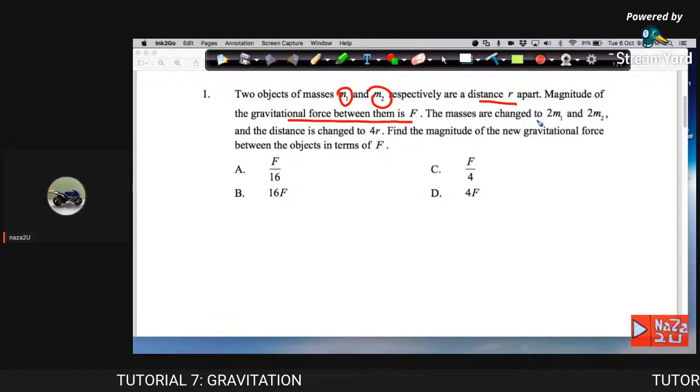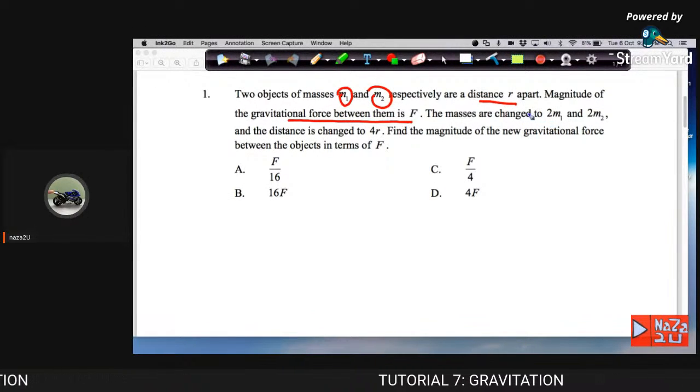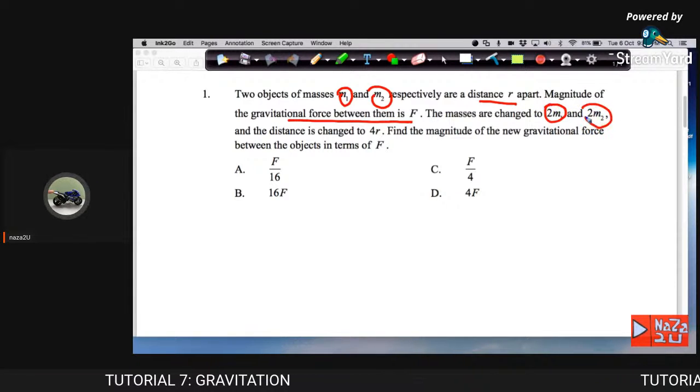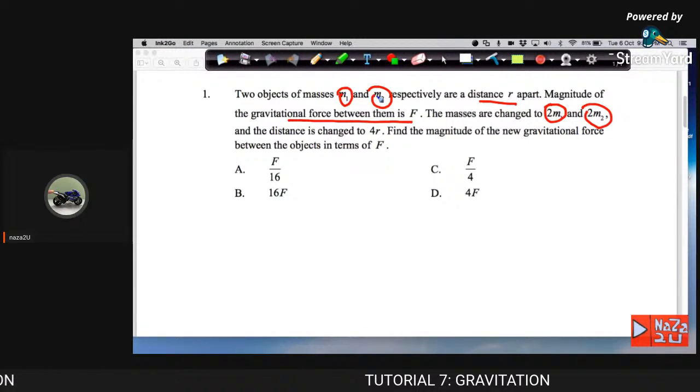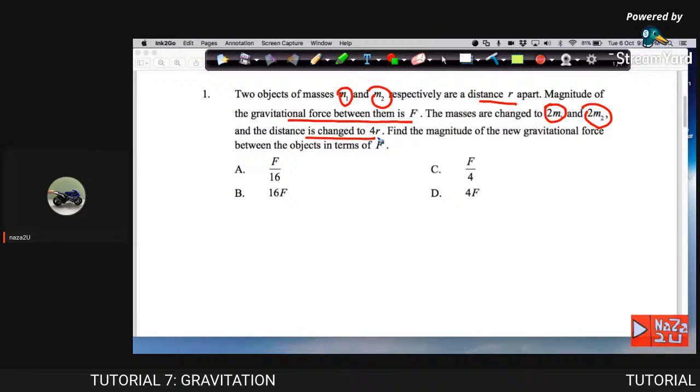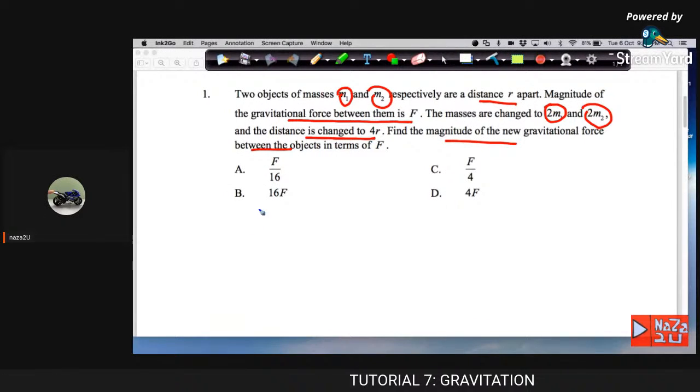The masses are changed to 2m1 and 2m2, meaning here the mass increases from m to 2m for both mass 1 and mass 2, and the distance also changed to 4r. So find the magnitude of the new gravitational force.